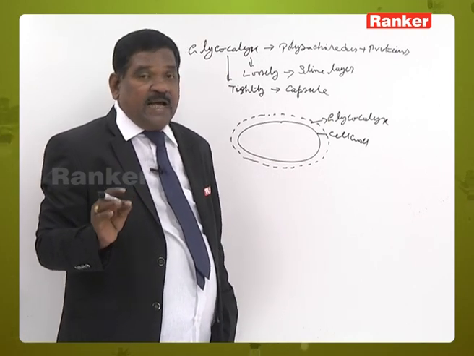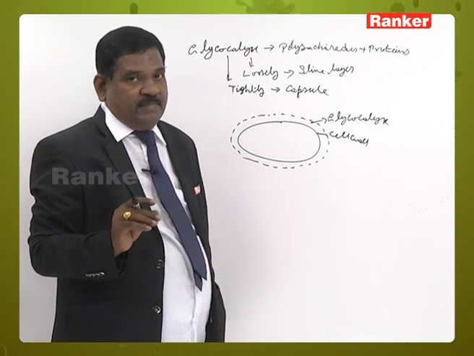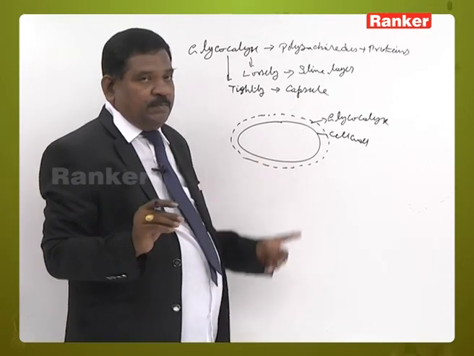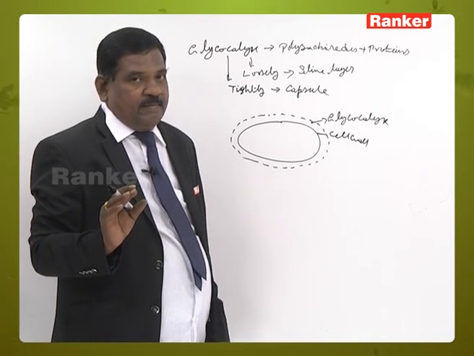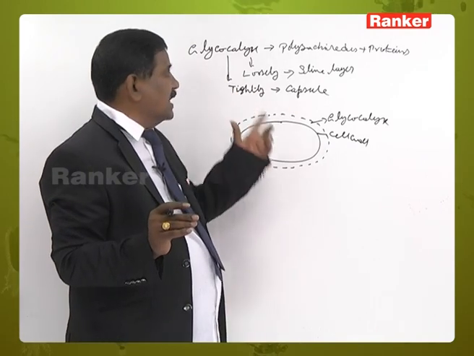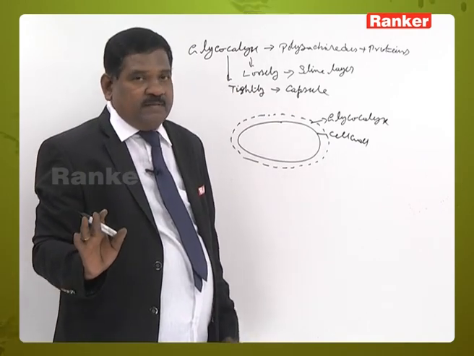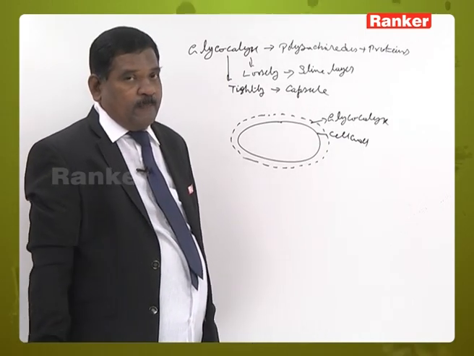Besides attachment, the capsule also protects the bacterium from desiccation. The common function of both slime layer and capsule, collectively called glycocalyx, is attachment. Besides attachment, they perform other functions also.